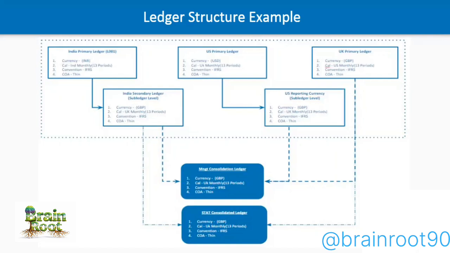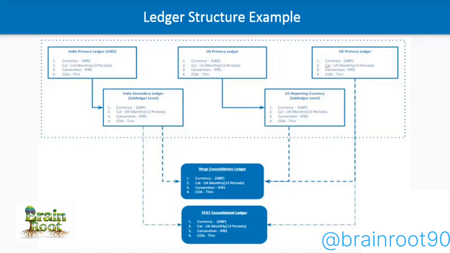Stat consolidation ledger is also there, but it is more about using in allocation and so on. I will touch base on this later when we discuss journals. But up to the consolidation ledger, any confusion, any doubts? What does stat stand for?